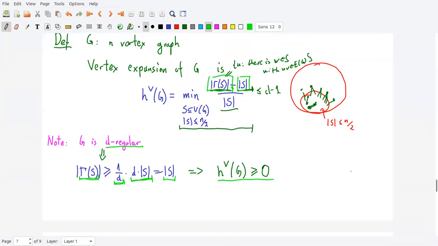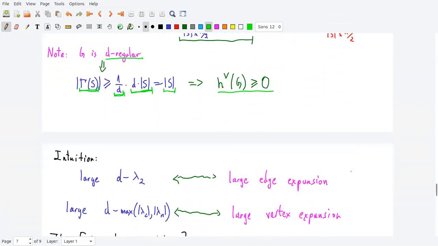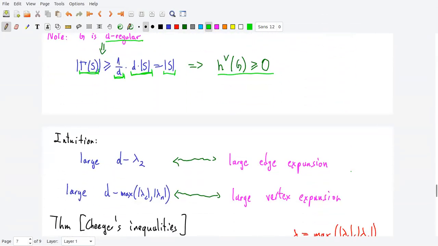So let's continue. Now the intuition is that large edge expansion exactly corresponds to large spectral gap, and large vertex expansion exactly corresponds to large absolute spectral gap. So this is this lambda, the maximum of the two extremal non-trivial eigenvalues.